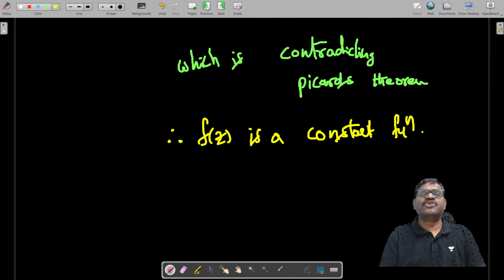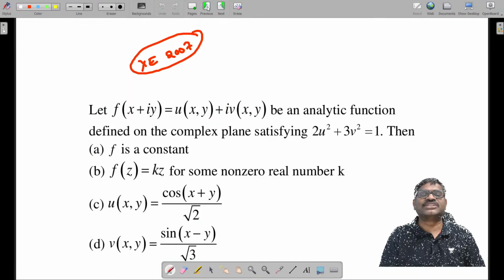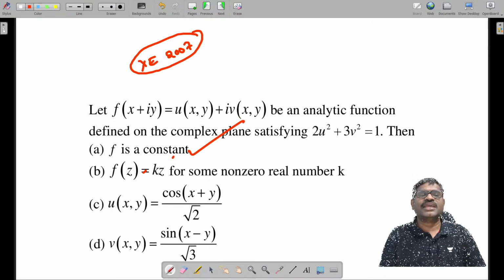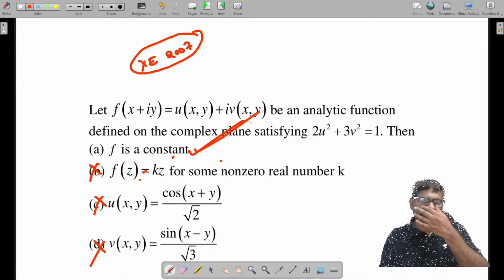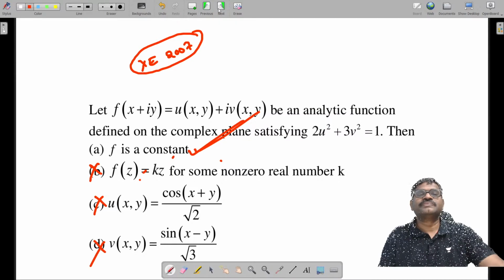So finally we found that f of z is a constant function. F of z is a constant function is given in first option. In remaining cases non-constant functions, therefore B is eliminated, C is eliminated, D is eliminated. Only first option is right.